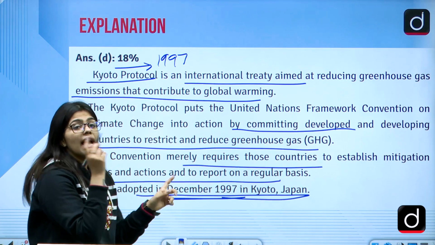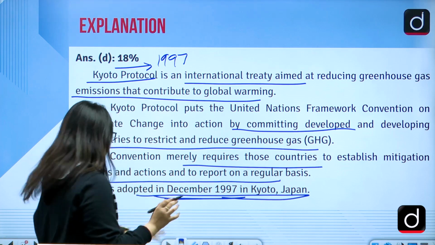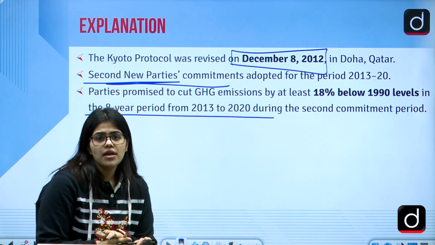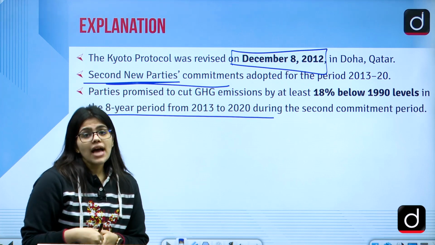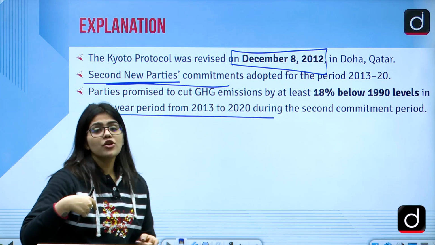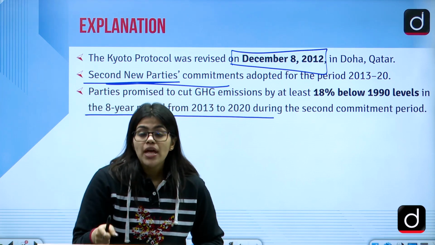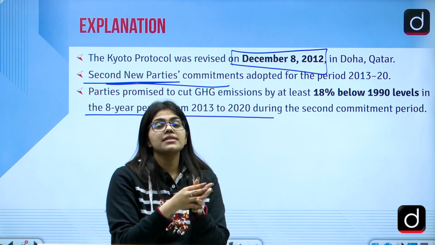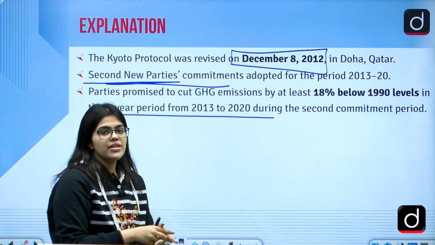It started in 1997 and the first period ended and not much work was done. So they sat again, this time in Doha. First time for the Kyoto Protocol they met in Japan. The second time they met in Doha, Qatar. So Doha Amendment is the name given to the second meeting.